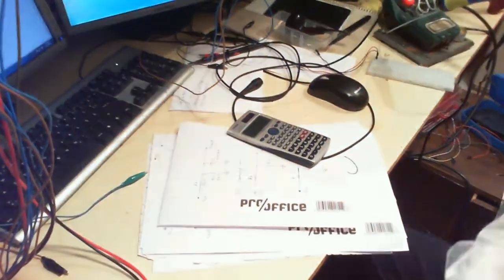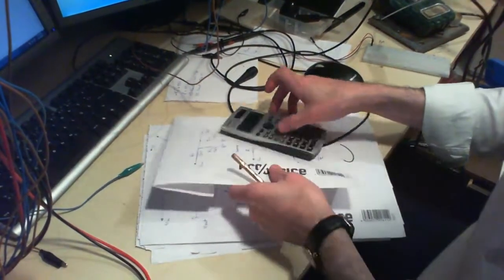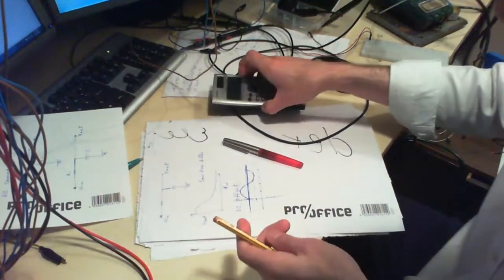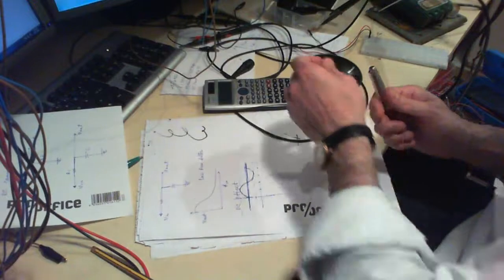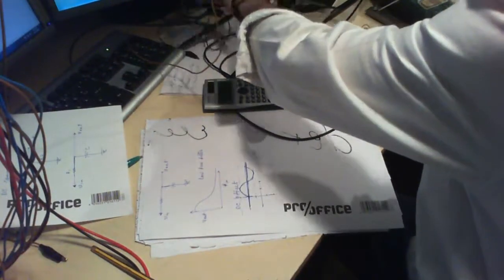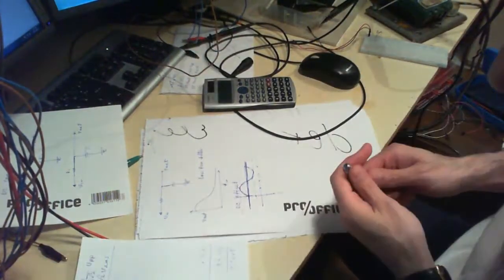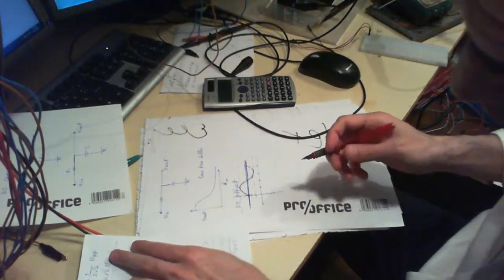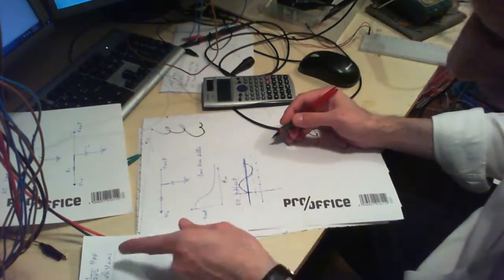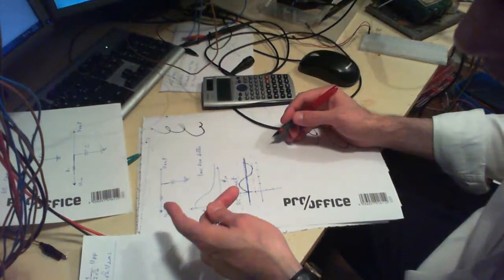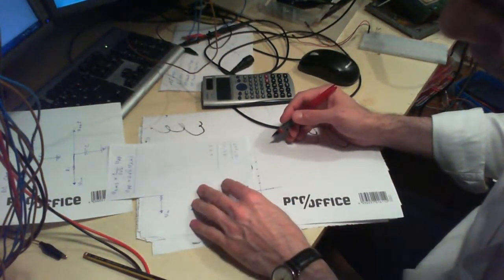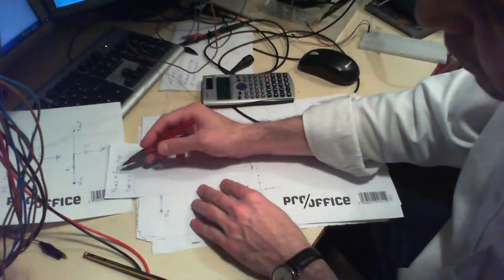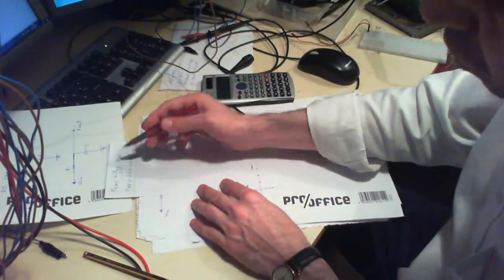And there are 2 formulas that you need to actually remember, which are very important here. One of them is, if you have a peak-to-peak voltage and you want to get the RMS voltage from it, you have to multiply your peak-to-peak voltage by 1 over 2 square root of 2.